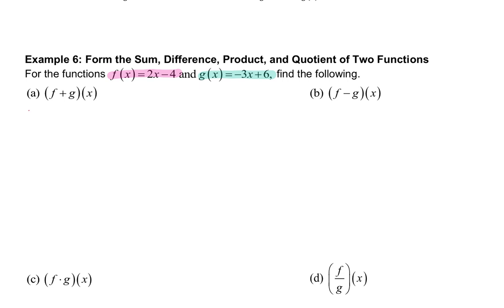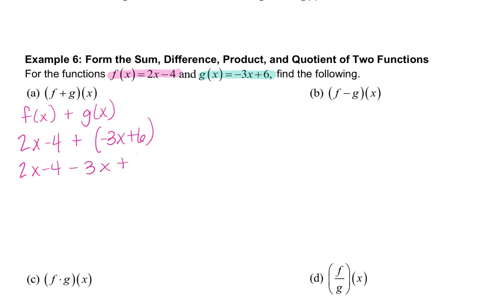So remember, that just means f of x plus g of x. Well, they gave me f of x as 2x minus 4, g of x is -3x plus 6. 2x minus 4 minus 3x plus 6, -x plus 2. So you're just combining like terms, just adding two binomials.